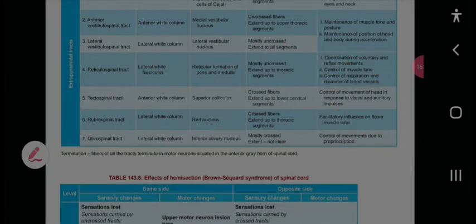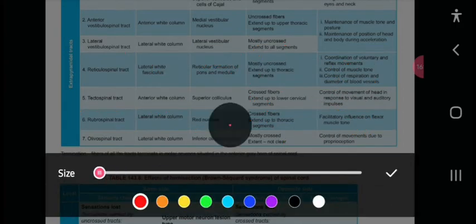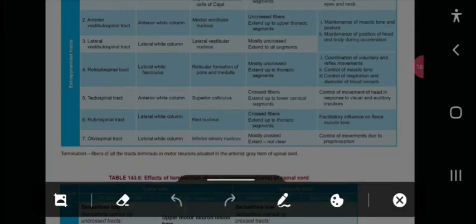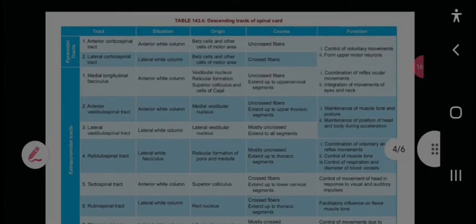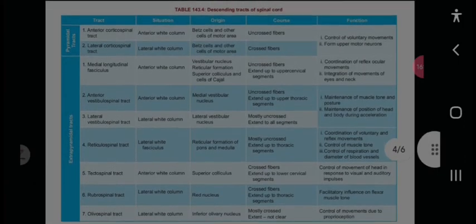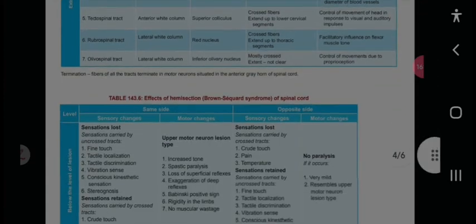And now comes olivospinal tract, lateral white column, inferior olivary nucleus, mostly crossed, extent not clear. Control of movements due to proprioception. So this was all about our descending tracts of the spinal cord.